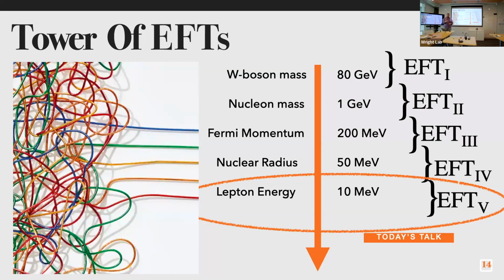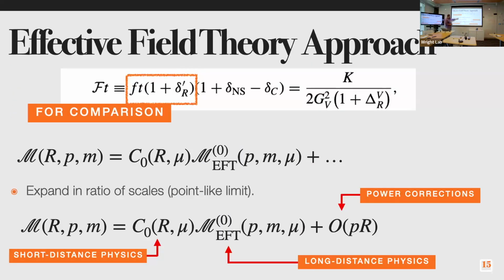I call that a Wilson coefficient, this C naught. It can depend on other scales in the problem, but I've just used the nuclear radius as an example. So there's now a number that depends on the nuclear radius. And then there's some matrix element, something I can compute with diagrams in a low energy effective field theory.